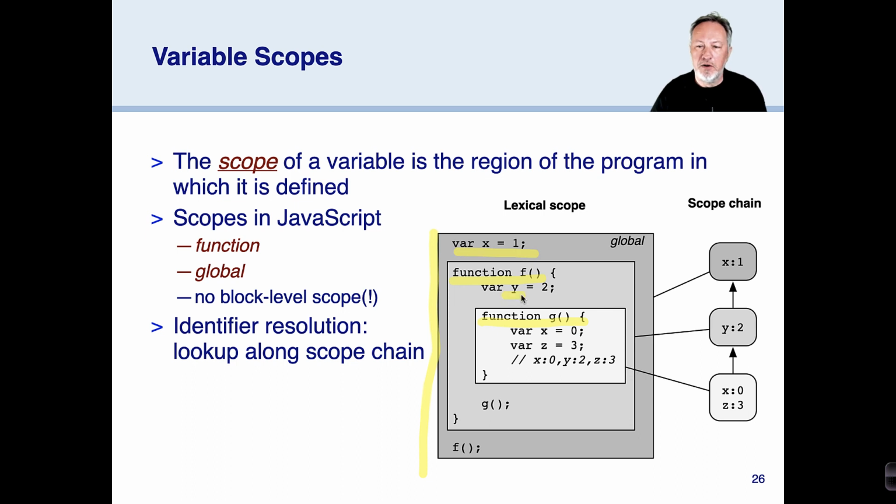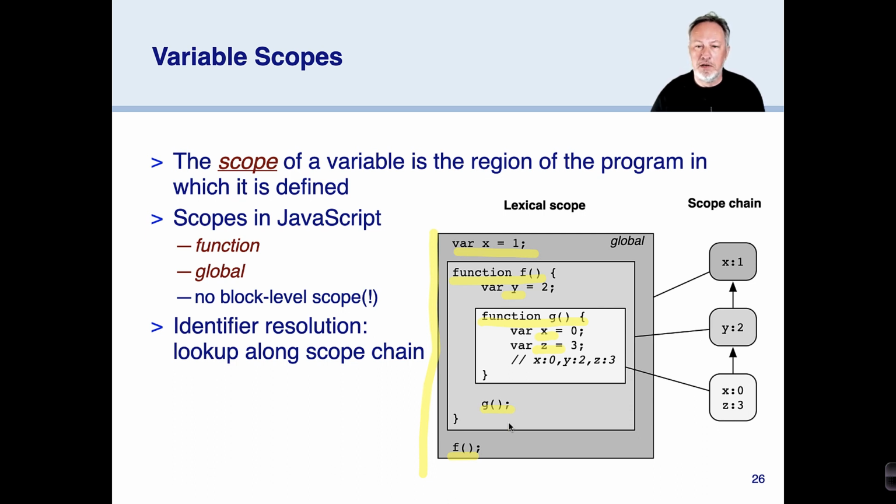F defines a variable y, and g defines variables x and z. Within f we initialize y, we define g, and then we invoke g. And then we can invoke f in the global scope.